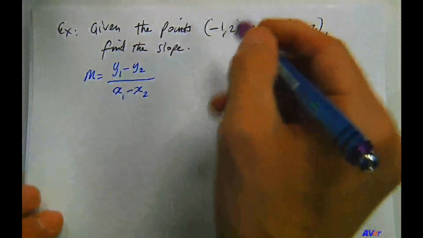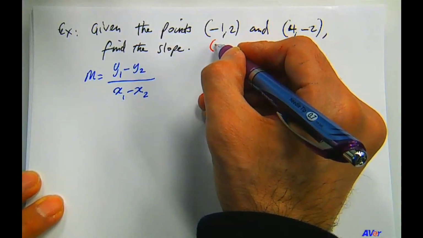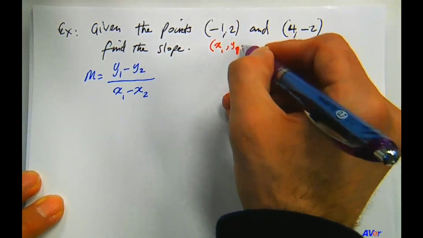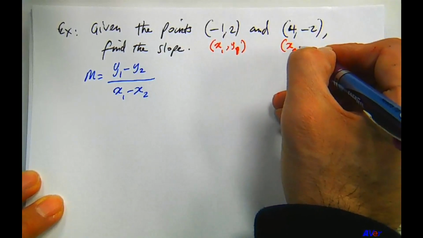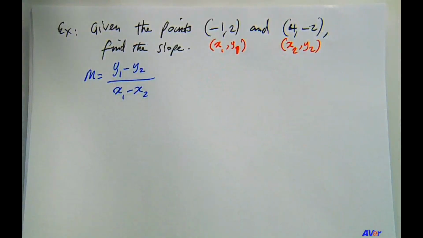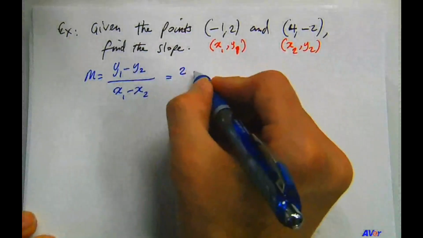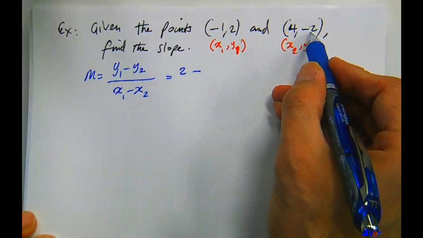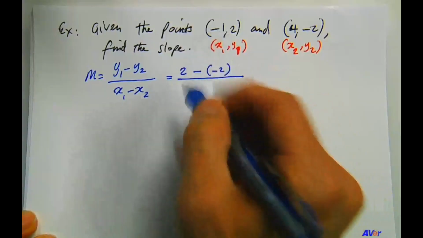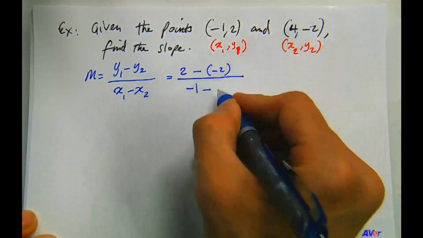Now, to keep track of things easily, or to minimize chances of making an error, let's label these: x1, comma, y1, and then x2, comma, y2. I'm going to look back and forth between these and plug in here. So y1 is 2, then minus y2 is minus minus 2, divided by x1, which is -1, minus x2, and x2 is 4.